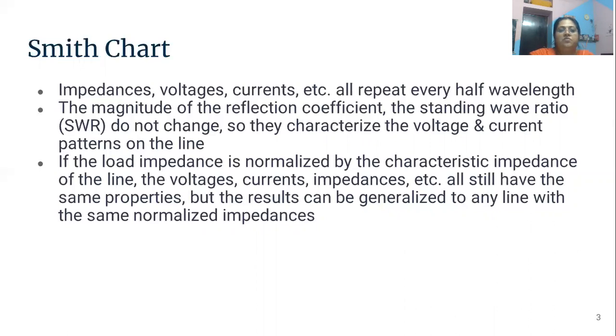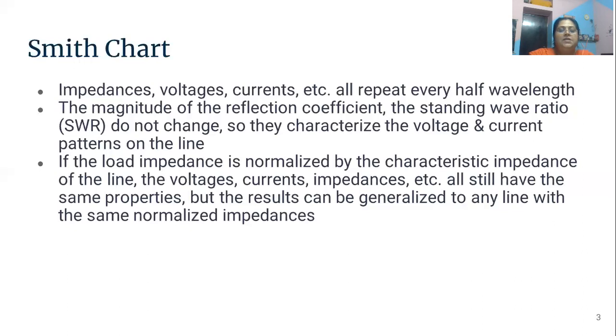When a mismatch of the load occurs in a transmission line, a part of the incident wave is reflected back from the load. The superimposition of the incident wave and the reflected wave causes the standing wave. These points do not move; they are the resultant of the incident and reflected waves.